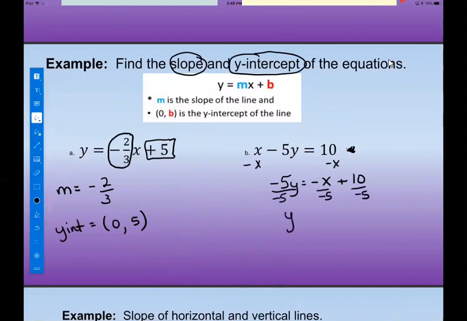So we have y equals, a double negative makes that a positive 1 over 5 x. And then when we divide, that's going to be negative 2. So our slope is going to be 1 over 5. Our y-intercept is going to be (0, negative 2).